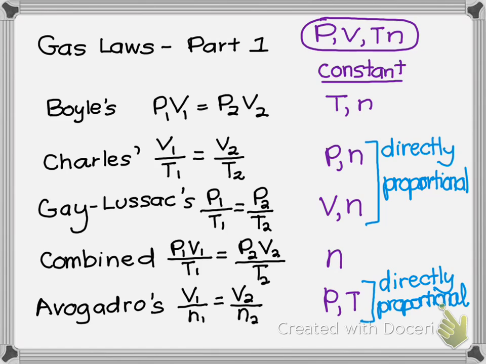So as temperature increases, pressure increases. Or if you live somewhere really cold, then on a really cold morning, as the temperature drops below freezing, you may find a little light in your car going on saying you have low pressure. That's because as temperature decreases, the pressure is also going to decrease because they're directly proportional.